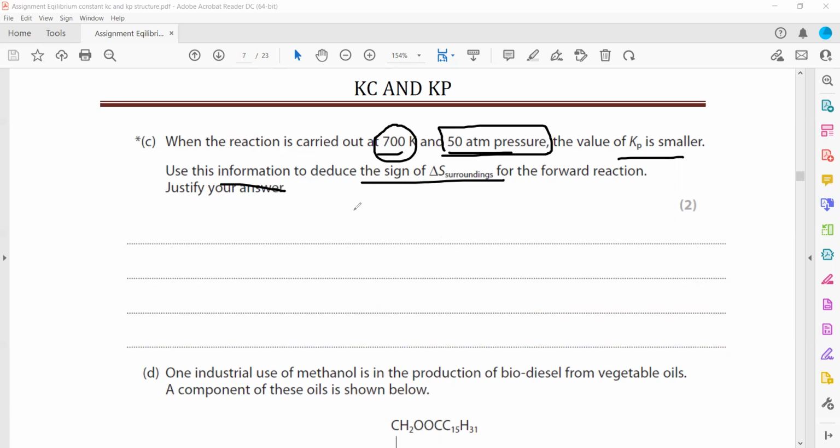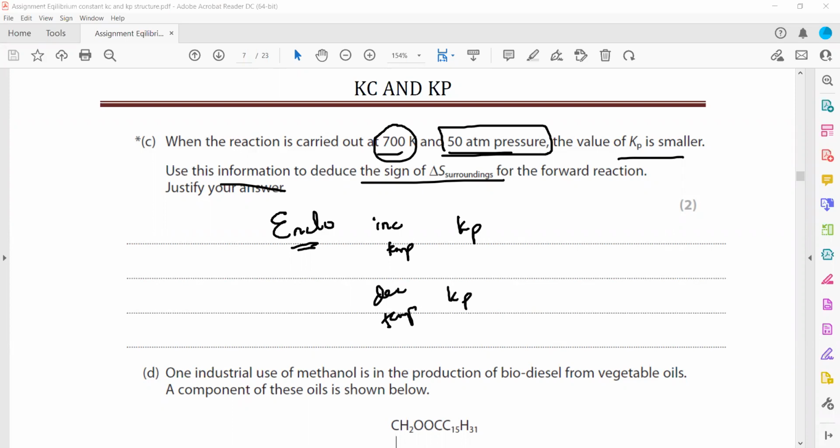Remember, for endothermic reactions, if we increase the temperature, the value of Kc or Kp will increase, and if you decrease the temperature, the value of Kc or Kp will decrease. So how can we work it out?